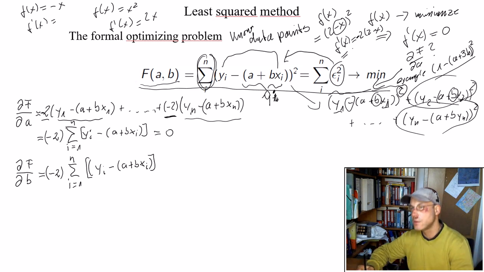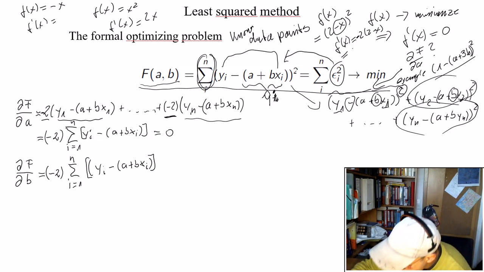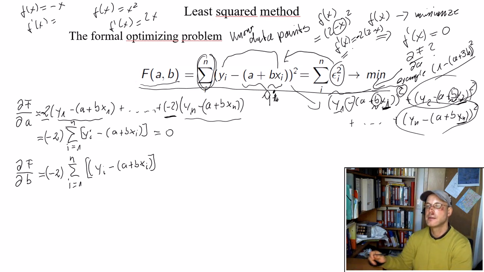But now behind every b within these brackets, we have x1, x2, up to xn.